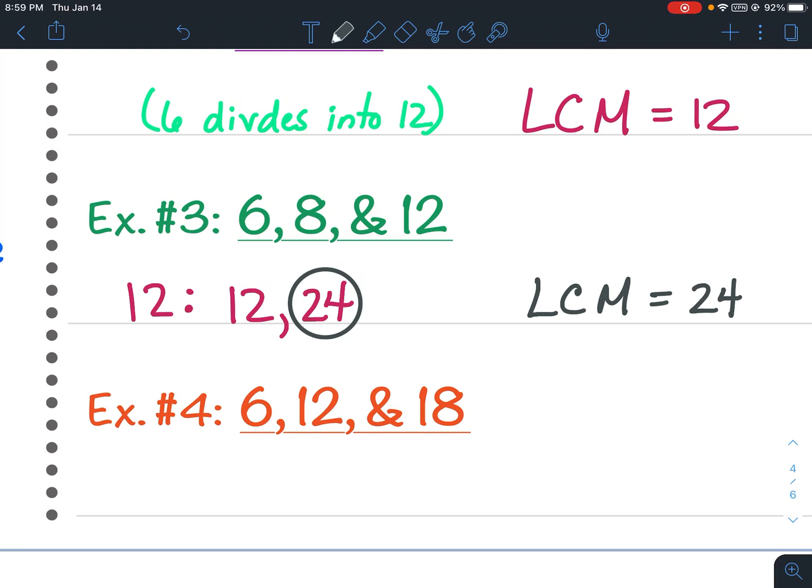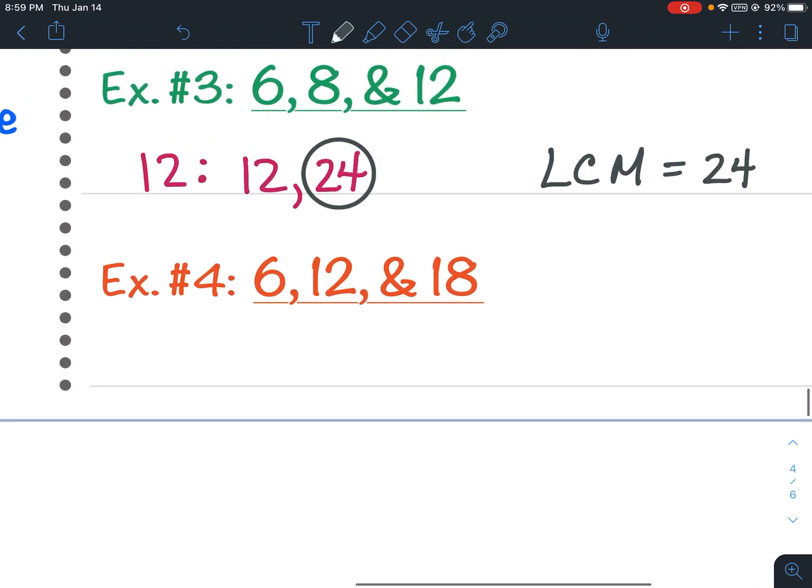All right, let's look at example 4. Does 6 go into 18? Yes, it does. Does 12 go into 18? No, it does not. So 18 is not our LCM. So let's start listing the multiples of 18. All right, so we already discussed 6 does go into 18, but 12 doesn't.